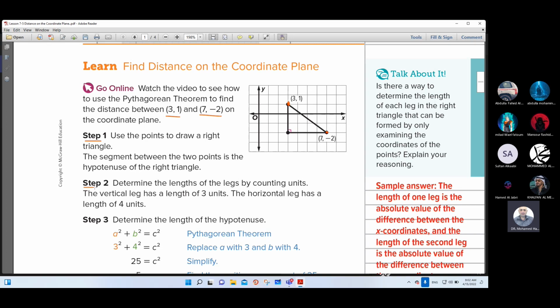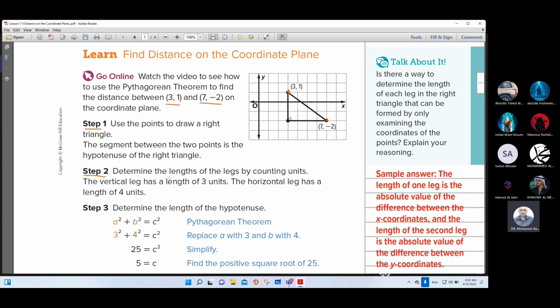The second step, determine the length of the legs by counting units. The vertical leg has a length of 3 units. As you see here, 1, 2, 3. So here we have 3 units.